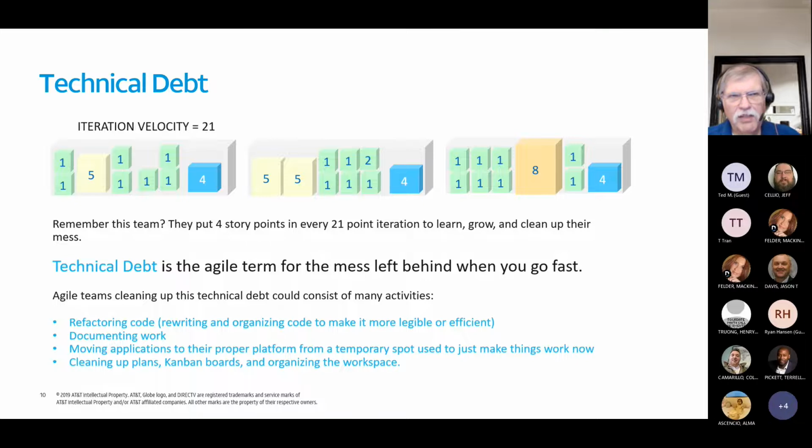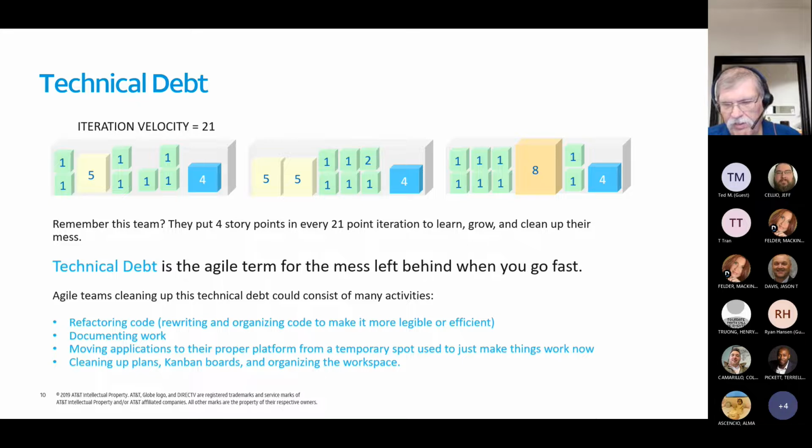Remember, we talked about the number of story points that we could put in an iteration. So remember, we put in 4 story points in each iteration for opportunities to learn, grow, and clean up whatever defects they found. This is kind of a cute definition, but technical debt is the agile term for the mess left behind when you go fast.